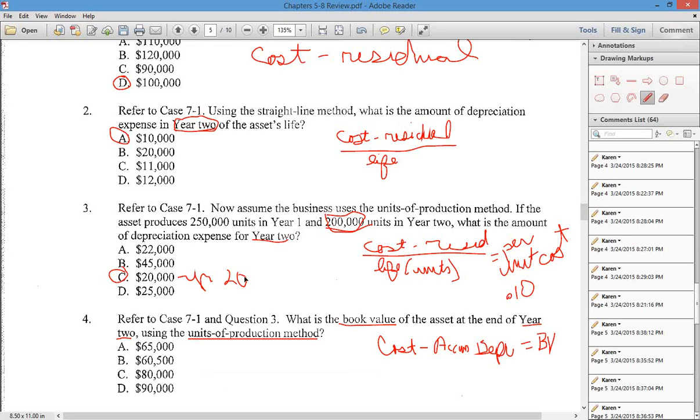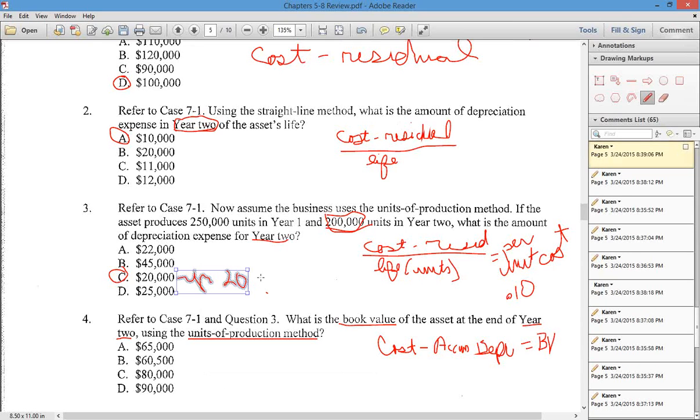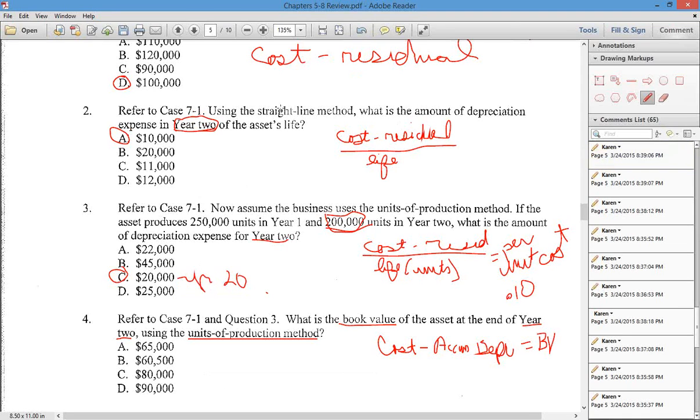right? Okay, year 2. But we need to calculate year 1. Year 1 had 250,000.